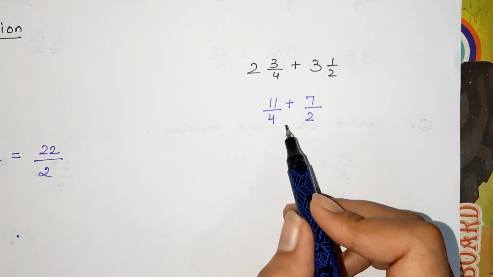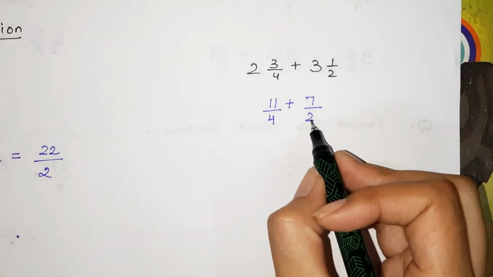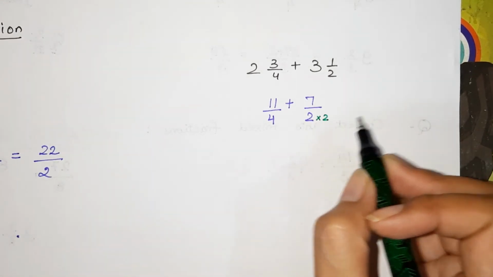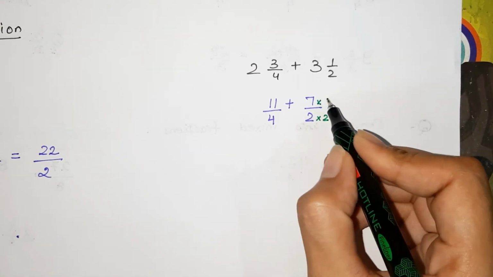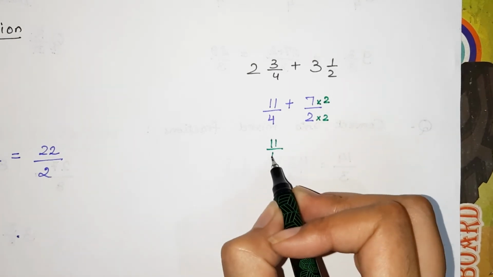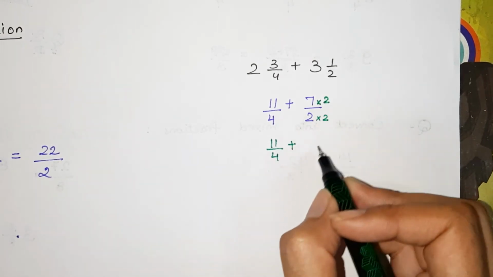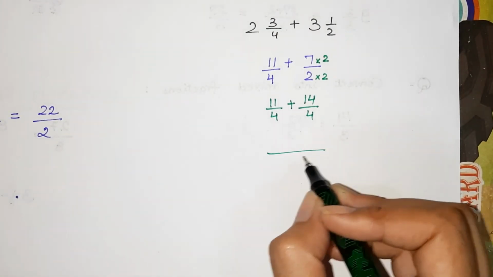We can make the denominator the same by multiplying 2 with 2. What we multiply at the denominator, we will multiply it also with the numerator. So 11 by 4 plus 14 by 4. Now you can add it easily.